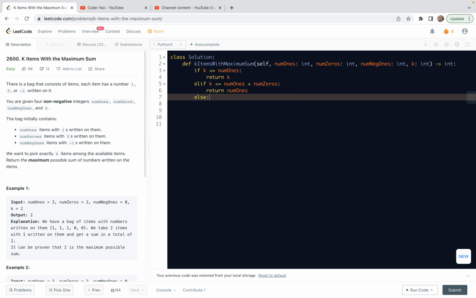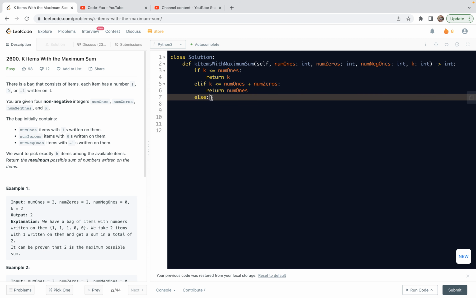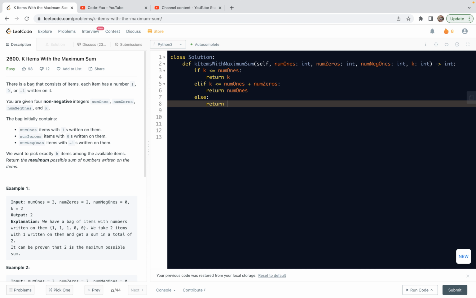So otherwise, we know that before we choose these num1s plus num0s items, the remaining ones we need to choose are negative ones. So in this case, for the choice of num1s plus num0s, the sum is num1s, and then we choose some negative ones.